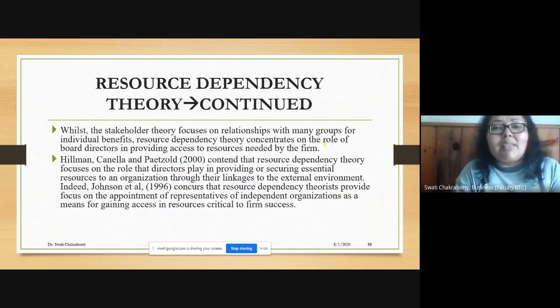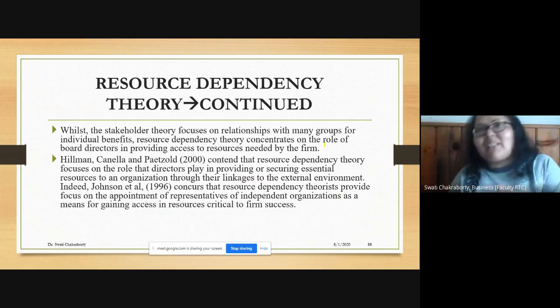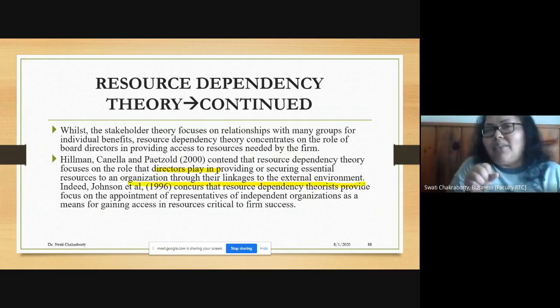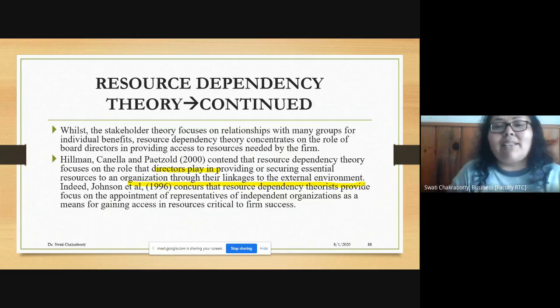Who is responsible for ensuring from where to get those resources, how to get them, at what cost, and what is the best way to get them? It's the directors who play a vital role in that. They are the linkage between the organization and the external environment. They decide when to get the resources, what kind of resources, from where, and at what cost. So that's what resource dependency theory is.